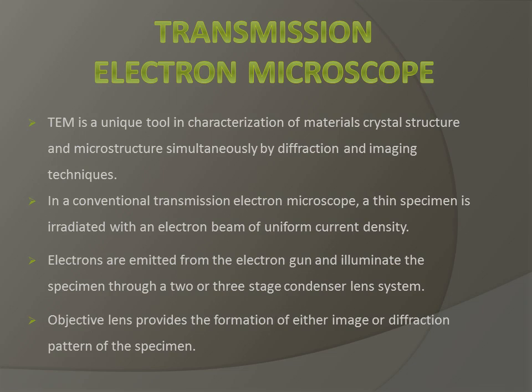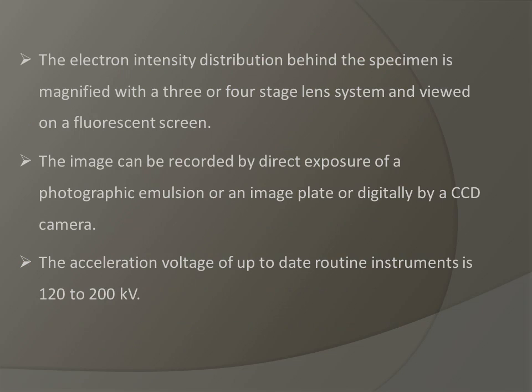It has both the image and the diffraction pattern of the specimen, and the electron intensity distribution behind the specimen is magnified by a 3 or 4 stage system onto the fluorescent screen. After the transmission of electrons through the sample, it is imaged on the fluorescent screen, and this image can be recorded directly by direct exposure of a photographic emulsion.